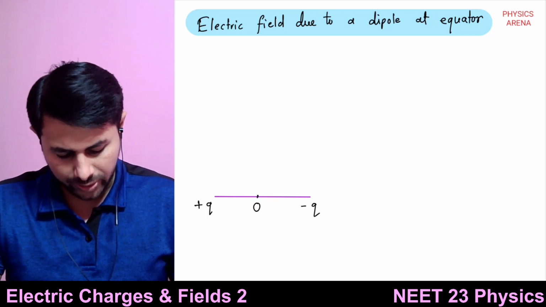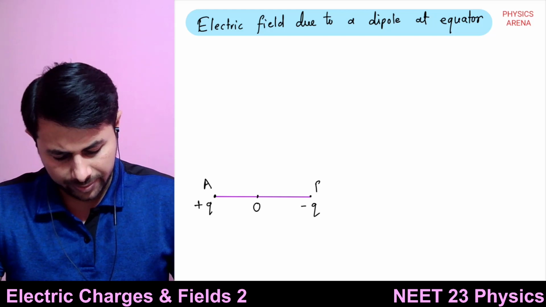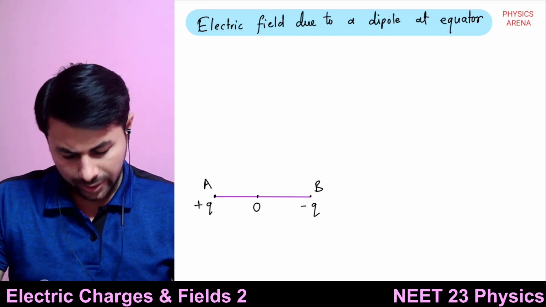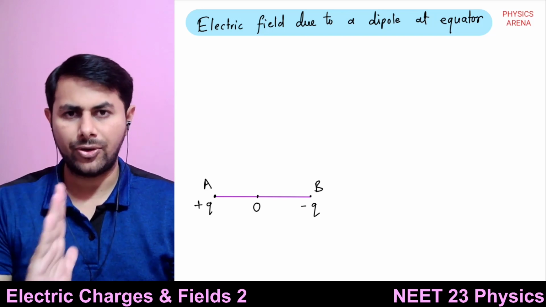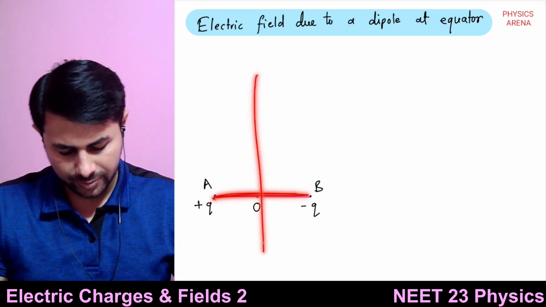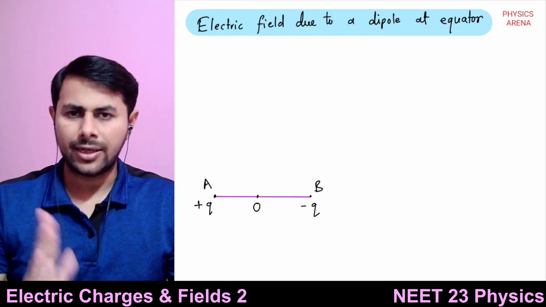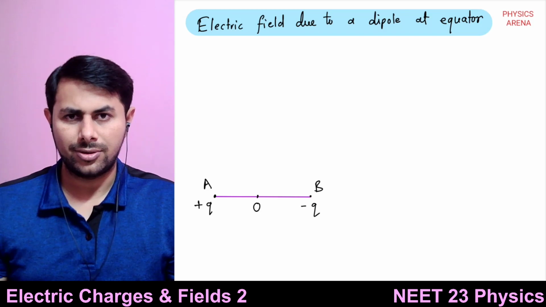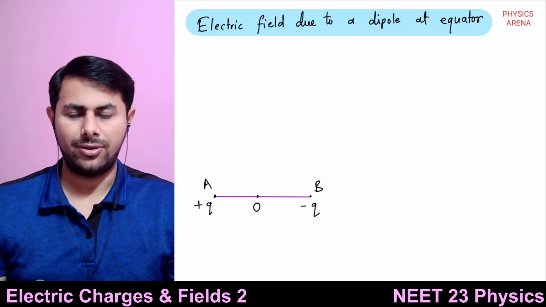This is the midpoint, point O. Let's call this point A and this point B. Now if you draw a perpendicular bisector to this line, that is known as the equator.